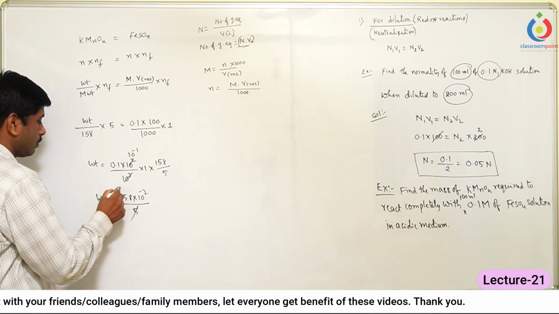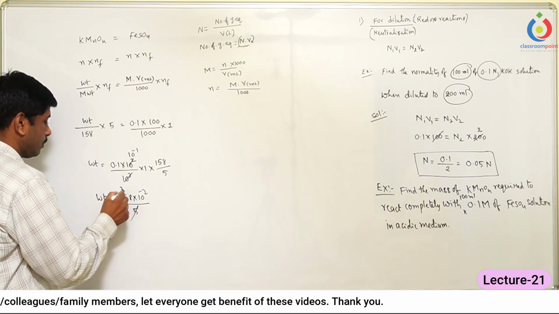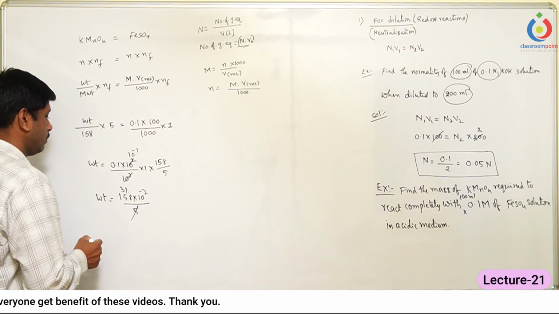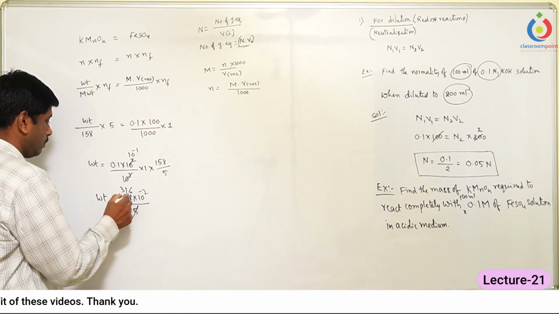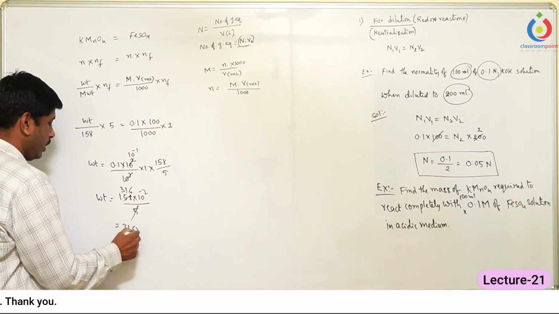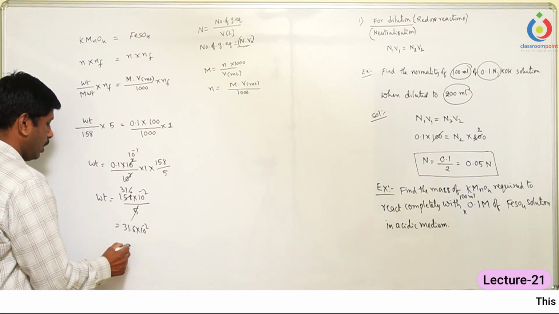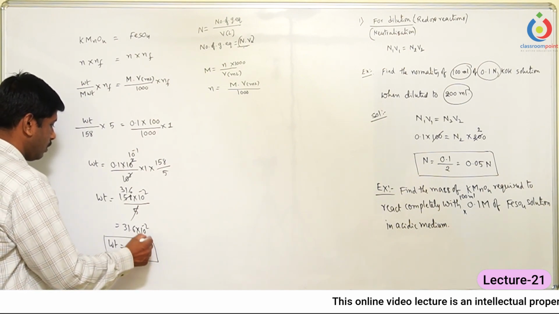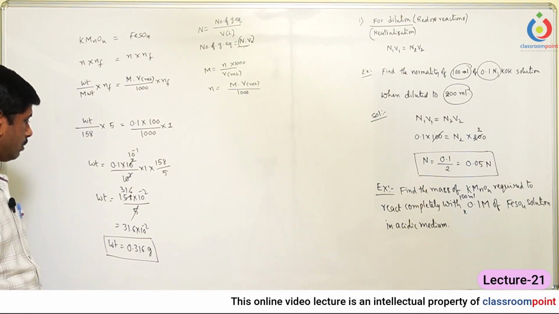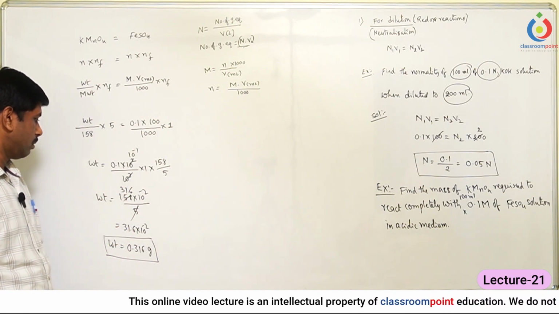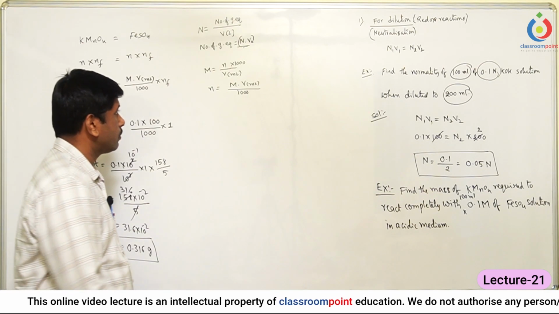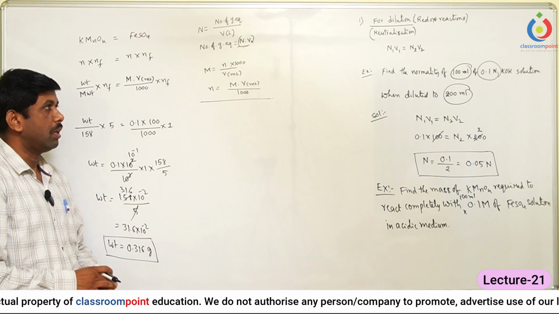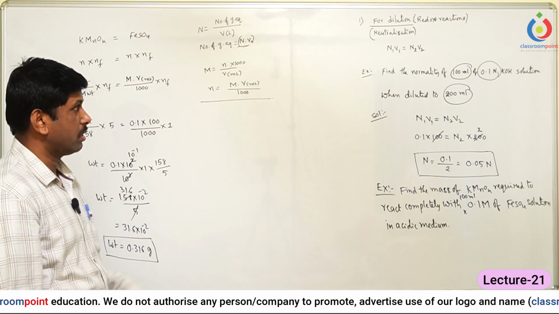So it goes to 31.6 into 10 power minus 2, or 0.316 grams. Okay, correct. So like this we can use the dilution formula for redox reactions also.